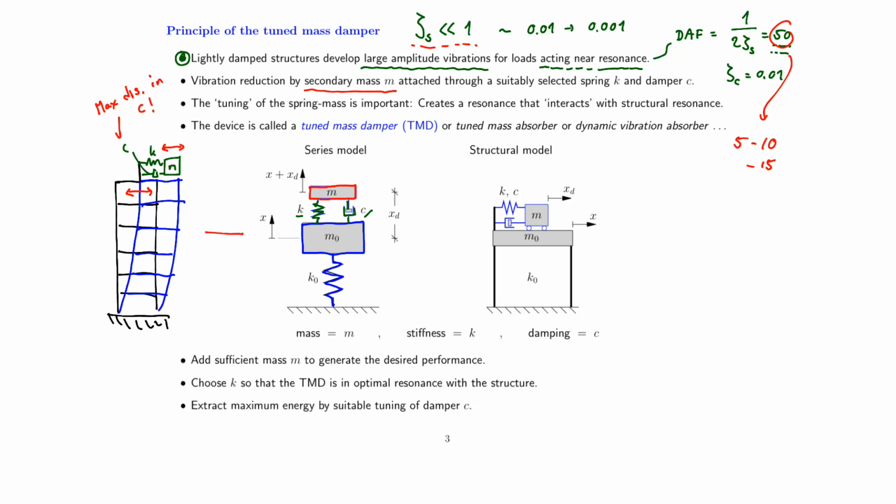Now, what's the link between our simplified structural mass M0 and the flexible structure to the left? Well, basically M0 is equal to the modal mass, K0 is equal to the modal stiffness, and that means we need to calibrate K, C, and M corresponding to these modal parameters.